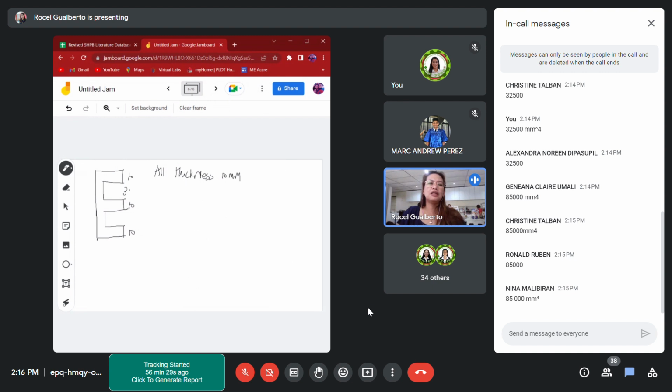This is 30, this is 20. All units in mm. So this is 10, 30, 10, 20, 10. And then this one is 10, and this one is 20. Find the value of C and the value of I total. Did you get it? Understood?